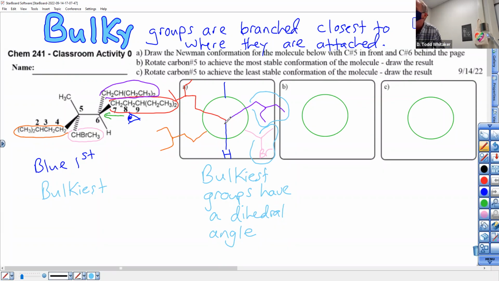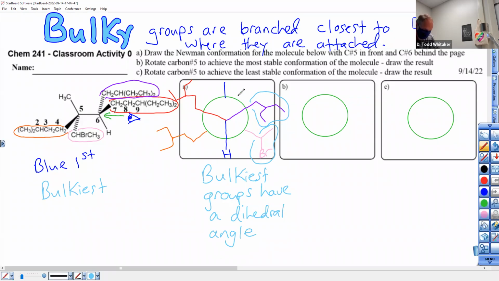That's the invisible carbon, number 6. You don't see it, or sorry, number 5. The carbon behind the front carbon is invisible, but you see the bonds off of it, don't you? So we know it's there. The angle between this group on the front tetrahedron and this group on the back tetrahedron, that's why we have the word dihedral, is what? Right there. What's the angle?